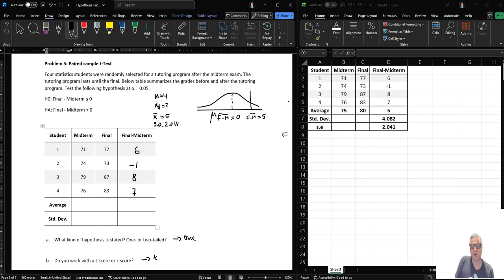So now we want to know how many standard errors is that away from a hypothetical mean of 0. So that will be our test statistic.